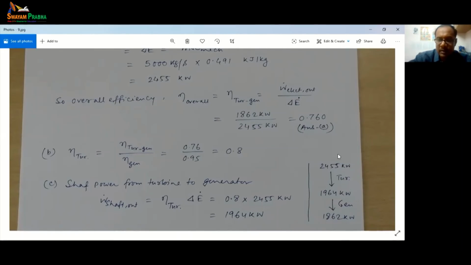So here at the right bottom corner you can see that the mechanical energy that is available is 2455 kilowatt. Now, due to turbine efficiency, we can only harvest a part of it, which is 1964 kilowatt, which is going to the shaft. Okay, and then the generator loses a bit of it, and ultimately what you are getting is 1862 kilowatt as the effective electrical output.